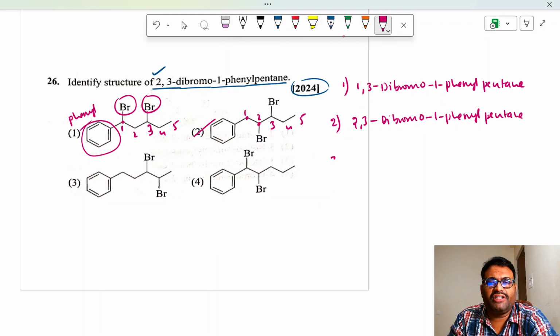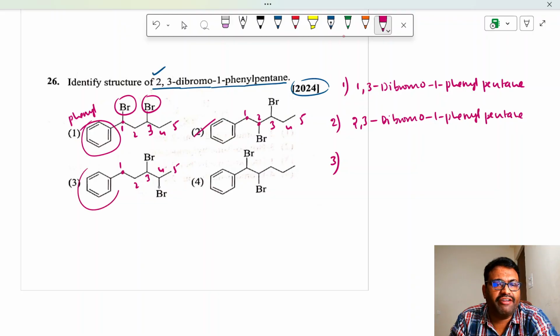Then what will be the name of the third one? 1, 2, 3, 4, 5. Why are you not starting from the right side? Why are you starting from the left side? Because at the first carbon itself we are finding phenyl. If you start from the other side, at the second carbon atom you find bromine. Substituents should possess the lowest position.